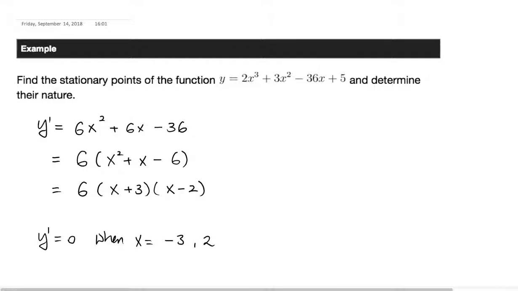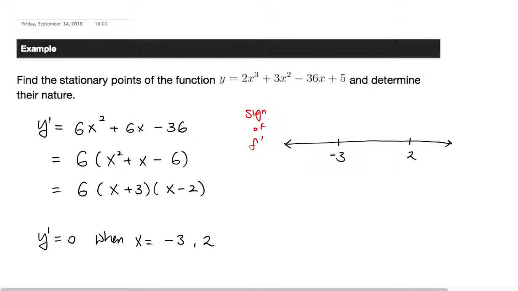So I'm going to draw a number line here and mark negative 3 and 2 here. And I'm going to check the sign of f prime. So is f prime positive or negative?